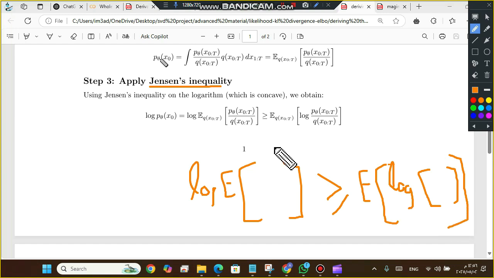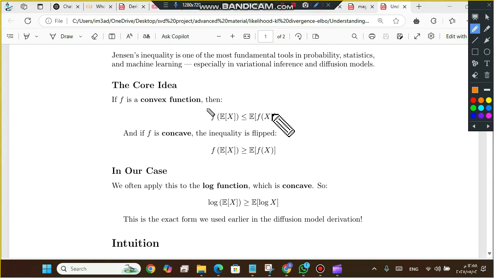Again, the Jensen's inequality is a law that says that the log of the expectation of something will always be greater than or equal to the expectation of the log of something. It's more general than this particular case.